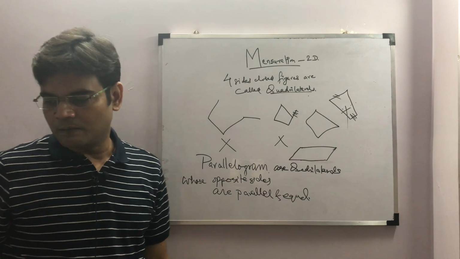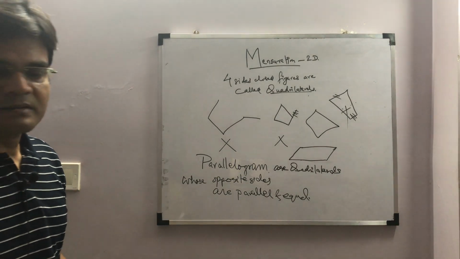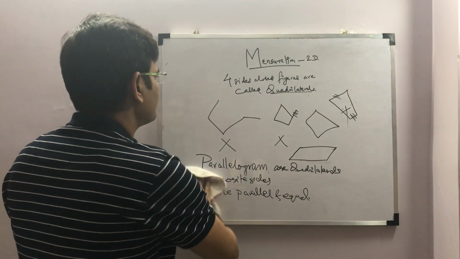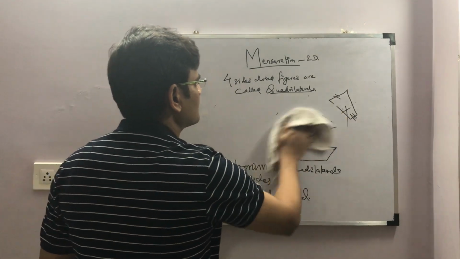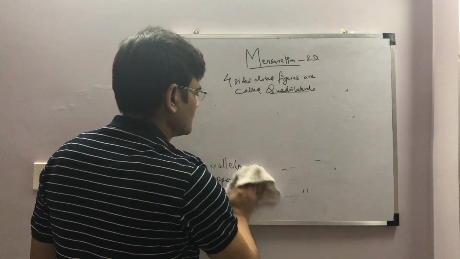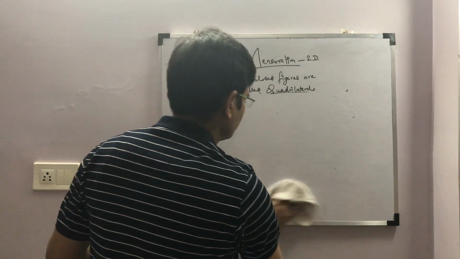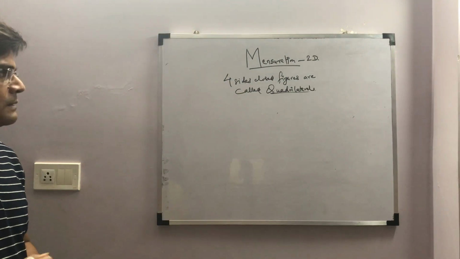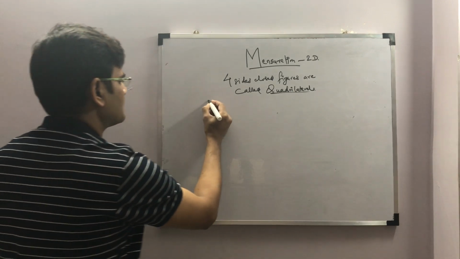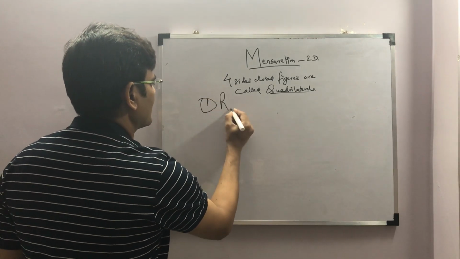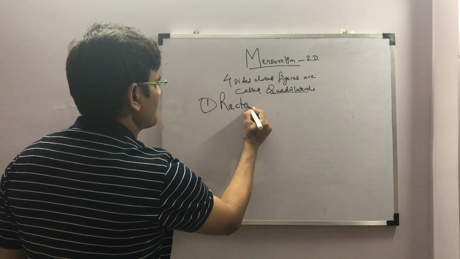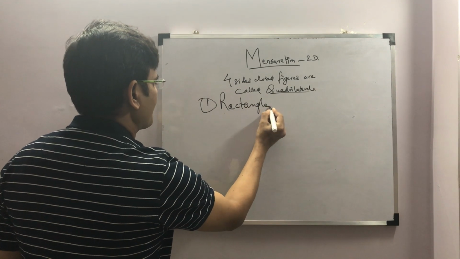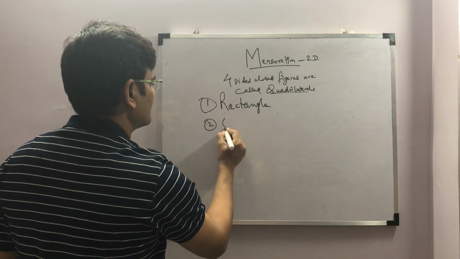Yes. Now what are the various types of parallelograms we have? First of all, rectangle. Second is square.